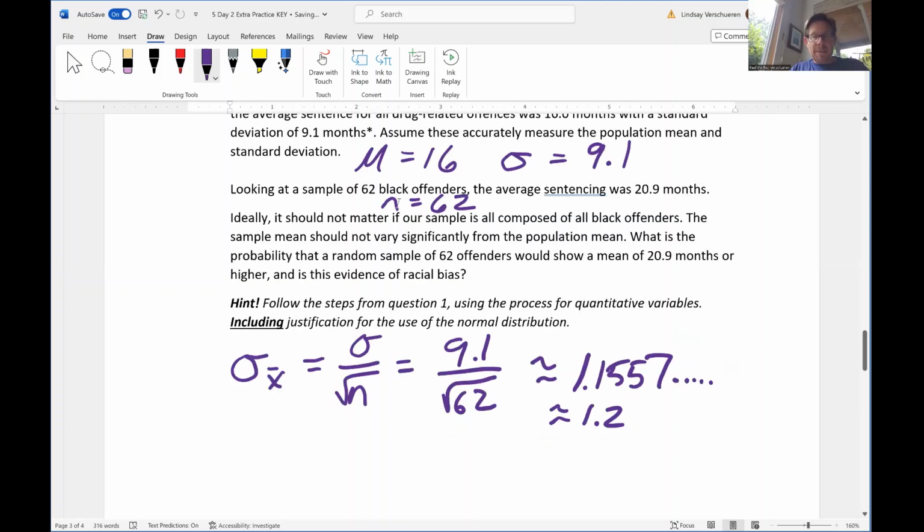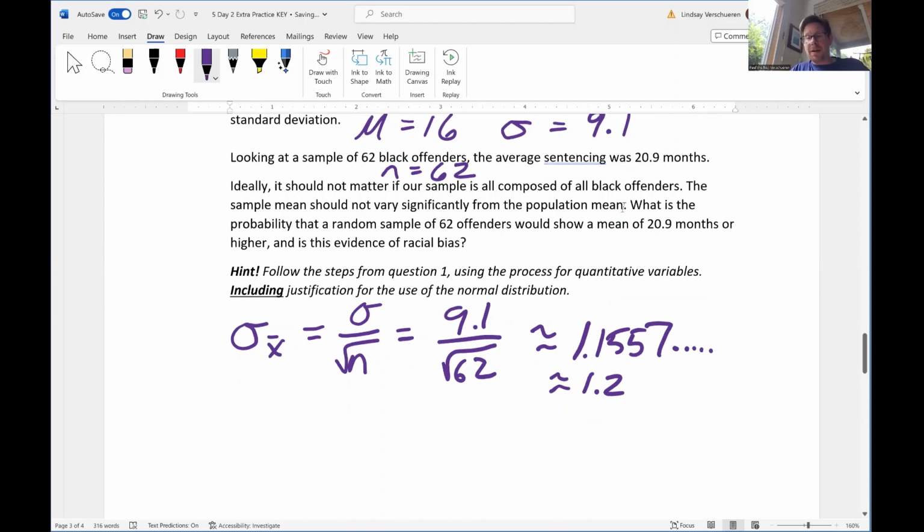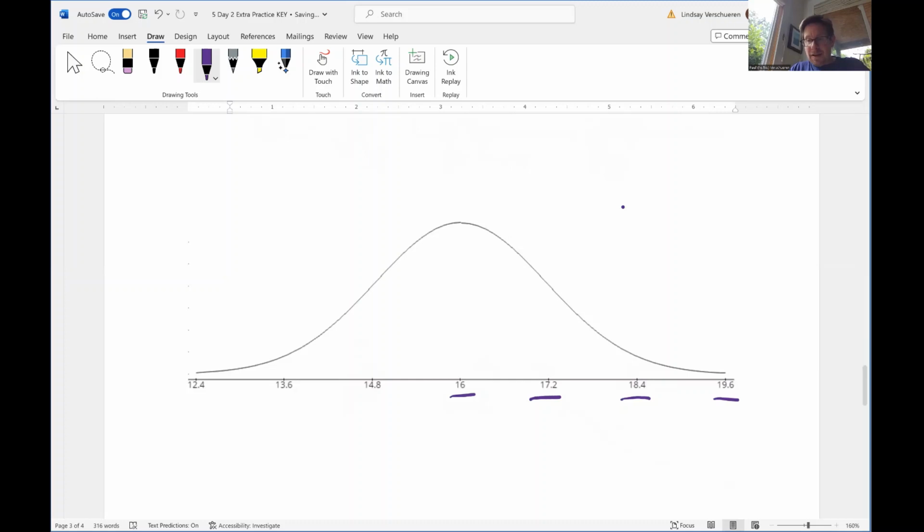But if you look at what happened, when they disaggregated the data into just looking at Black offenders, the average sentence was 20.9 months. Notice that 4 standard deviations above the mean would only get us to 20.8, and our sample mean, which is an x-bar, is way, way over there.